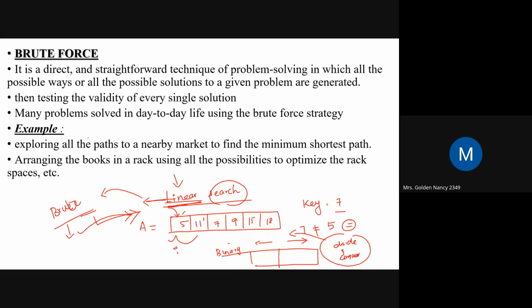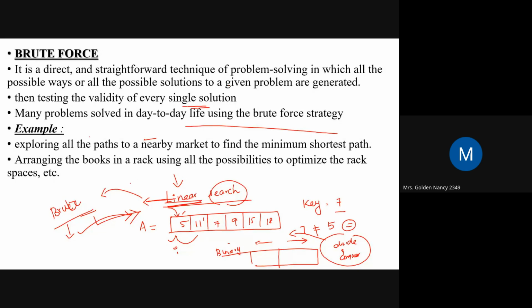So it is a direct and straightforward technique of problem solving in which all the possible ways or all possible solutions to a given problem are generated, and the validity of every single solution is tested. Many problems in day-to-day life are solved using the brute force strategy, for example, exploring all paths to a nearby market to find the shortest path, or arranging books in the rack using all possibilities to optimize the rack space.